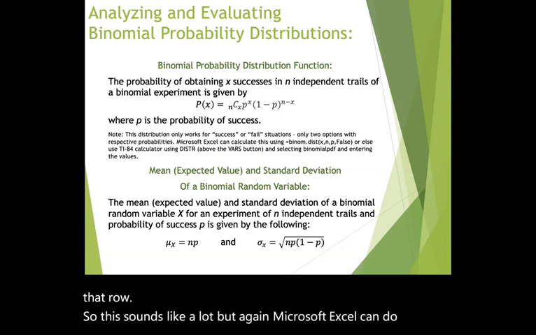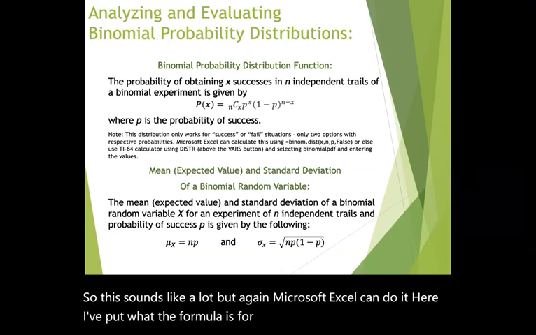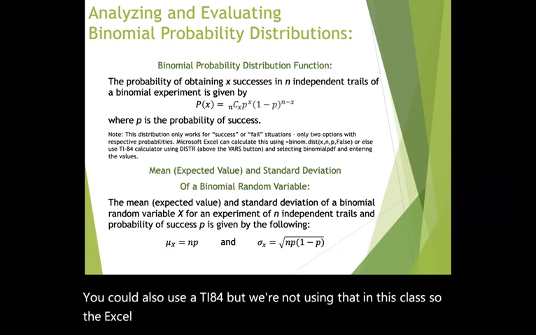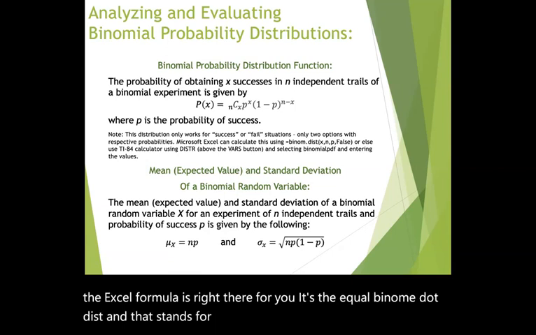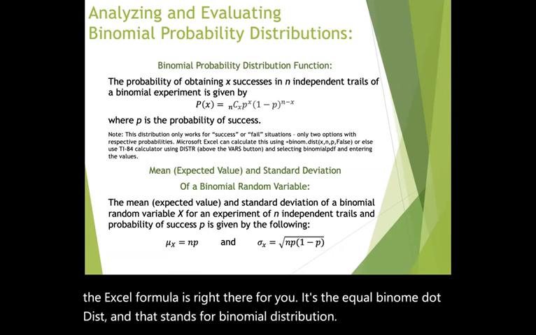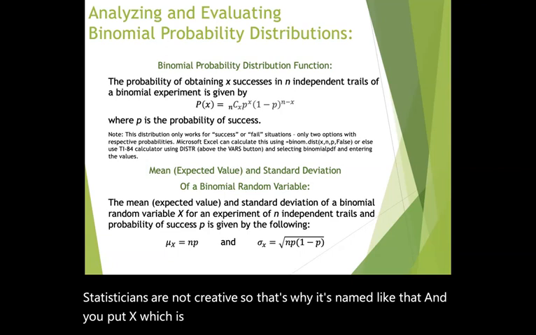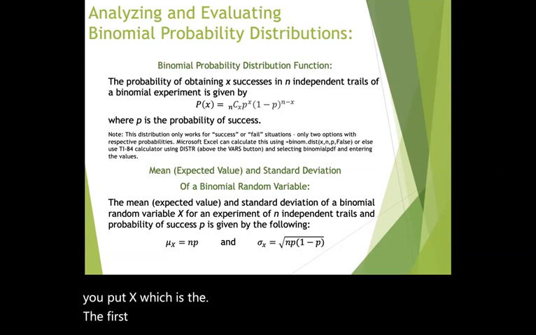Here I've put what the formula is for Microsoft Excel. You could also use a TI-84, but we're not using that in this class. So the Excel formula is right there for you. It's =BINOM.DIST, and that stands for binomial distribution. Statisticians are not creative, so that's why it's named like that. And you put X, which is the first column in your probability distribution.